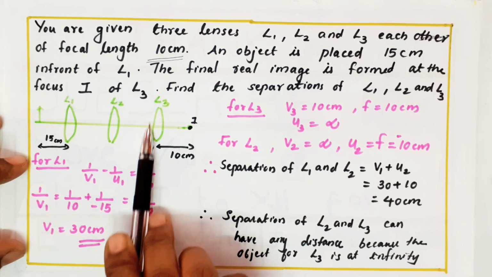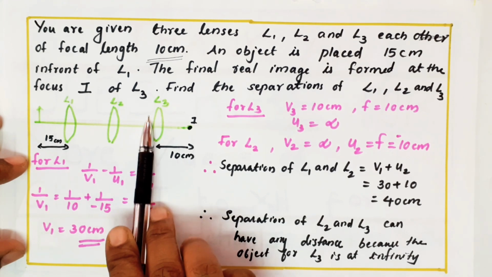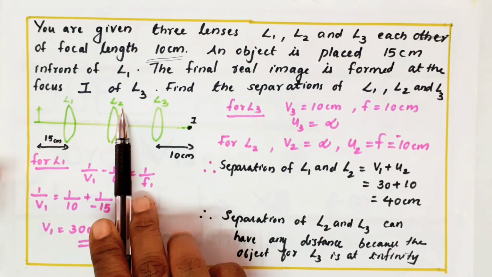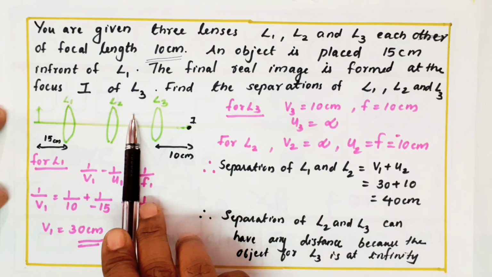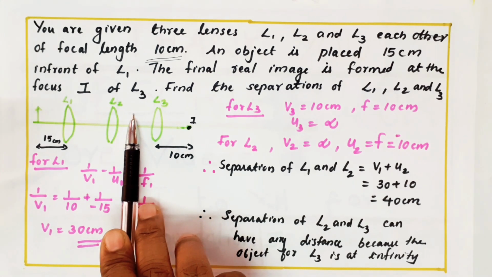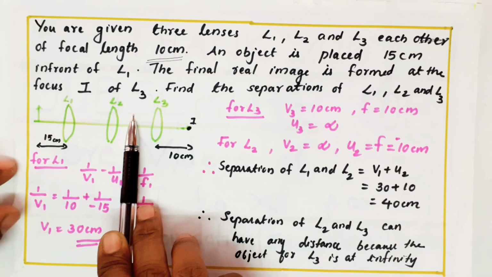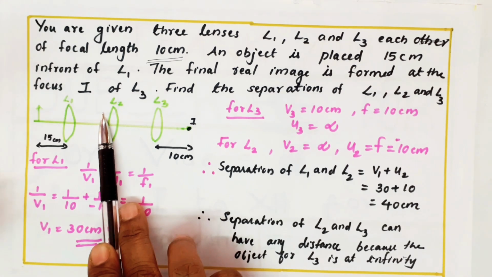If the object of L3 should be at infinity, who is the object of L3? The object of L3 is nothing but the image of L2. So the image of L2 is at infinity. Image of L2 at infinity means the object of L2 is at focus. I'll tell again.